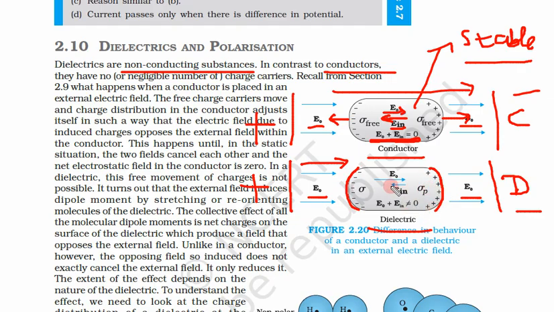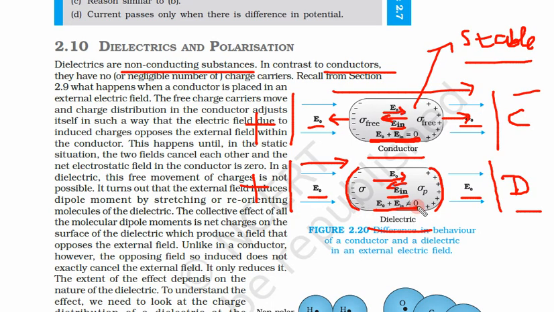It will also try to produce an internal electric field. So see, this is the external electric field E naught. So they also try to produce an internal electric field, but that is not equal to the magnitude of this external electric field. Hence there will be a non-zero electric field.